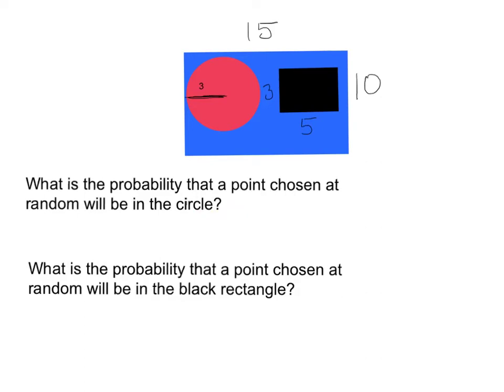This is the same idea as comparing the area of the circle with the area of the rectangle. So first, find the area of the circle, 3 squared times pi.